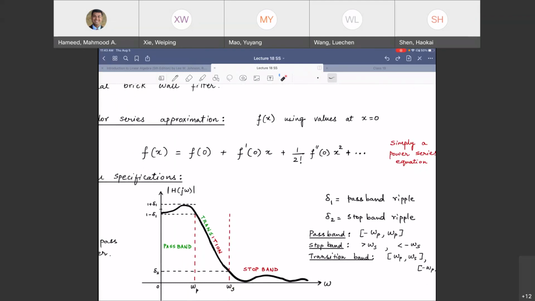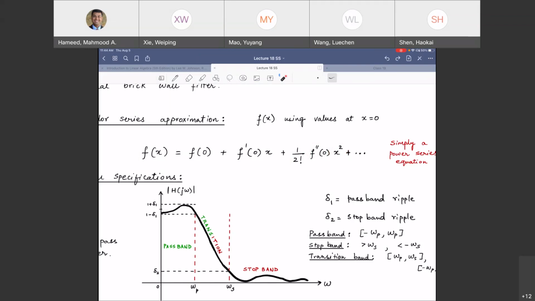What is a Taylor series? Any function f of x can be represented as the value of the function at 0, plus the first derivative of the function multiplied by x, right? Think of it: the first derivative of f does what? The slope. Slope at 0 multiplied by x. Plus the double derivative of f at 0, times x squared, the quadratic term, divided by 2 factorial, and so on.